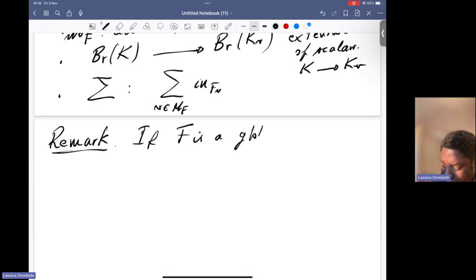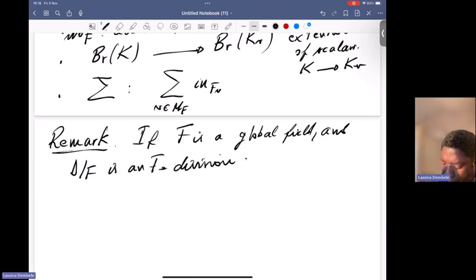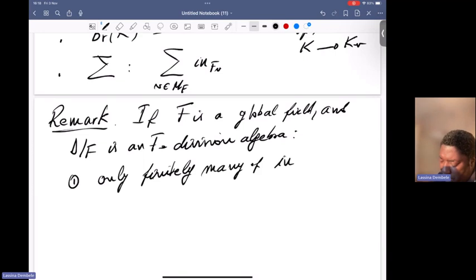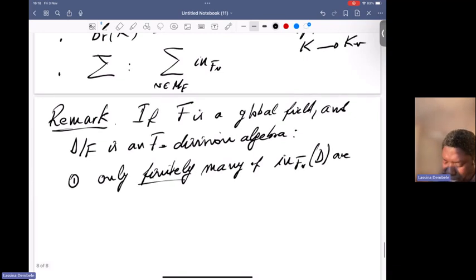If F is a global field and D is a division algebra, an F division algebra, then the first thing is that only finitely many of the invariants of D are non-zero. That's very important.